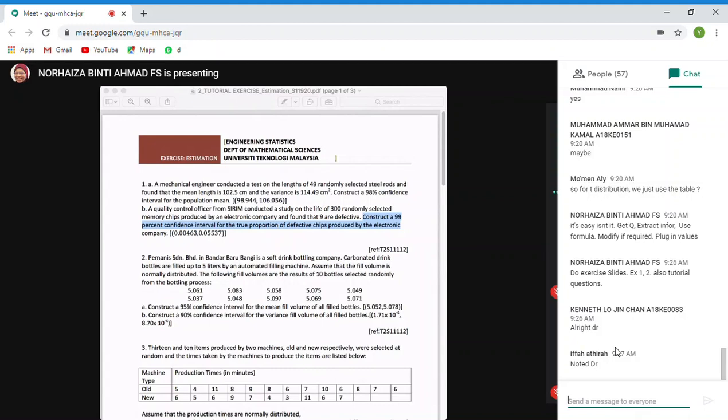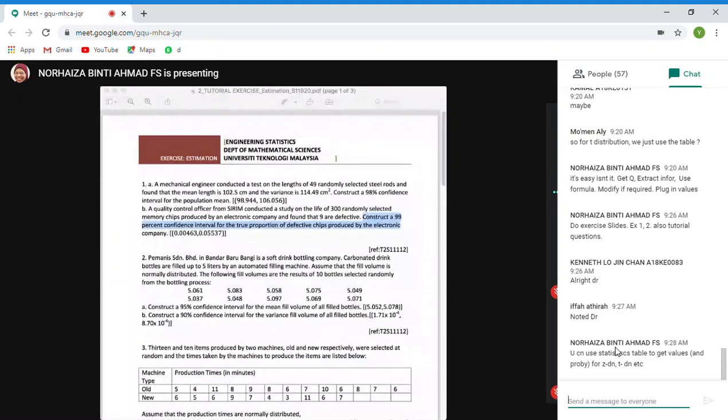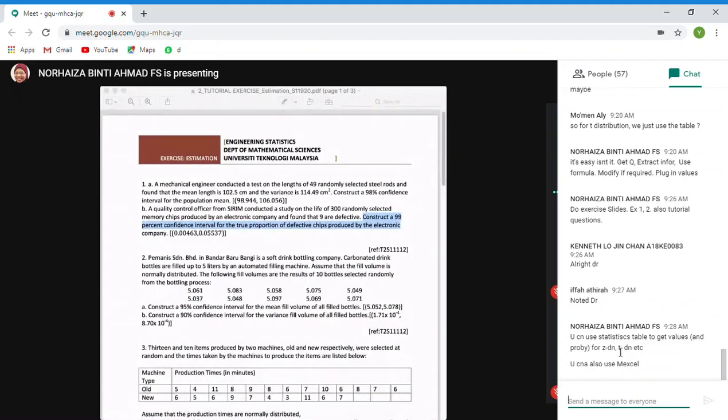You can use the table to get the values for the t distribution, or you can also use Excel. So practice on both.